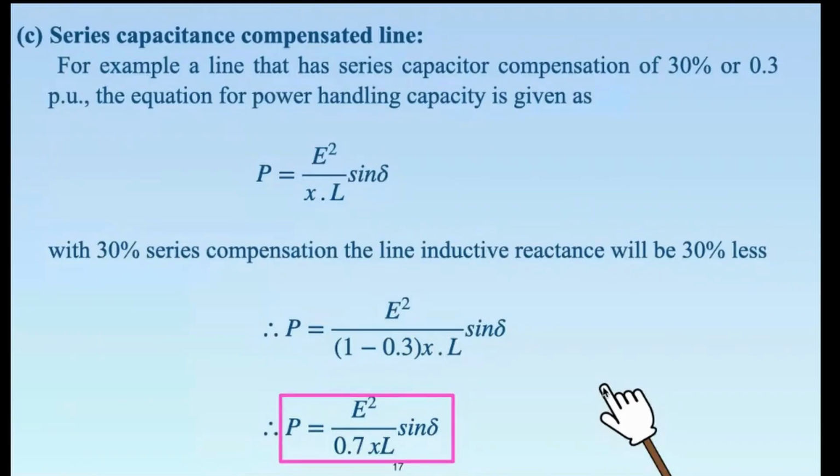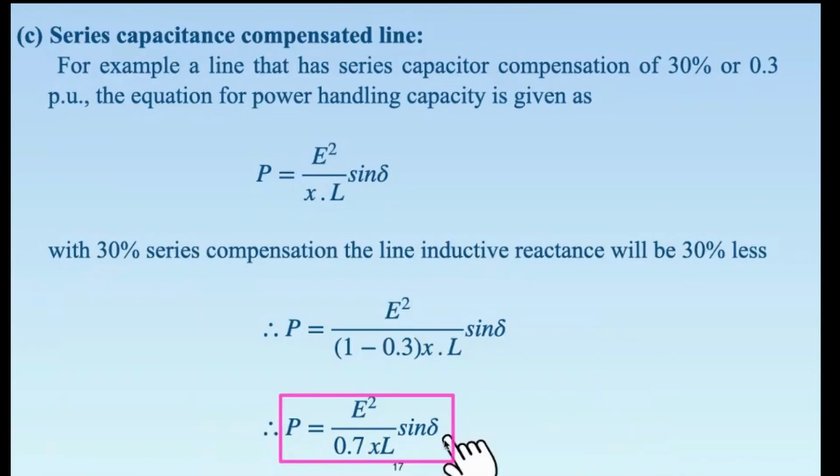Okay. So the three main equations that we have studied today are, number one, percentage power loss, that is R by X sine delta, right? Second, we have seen the total number of circuits can be calculated from the power if it is higher than the single circuit power handling capacity.